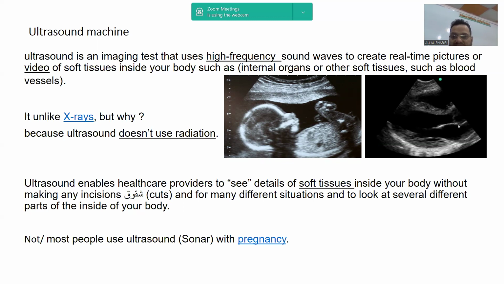It's a very sensitive device, it can image very soft tissue in your body, such as blood vessels. It's unlike X-ray, but why? Because X-ray depends on radiation. At sonar, at ultrasound imaging, it depends on different things. This is high frequency sound waves.